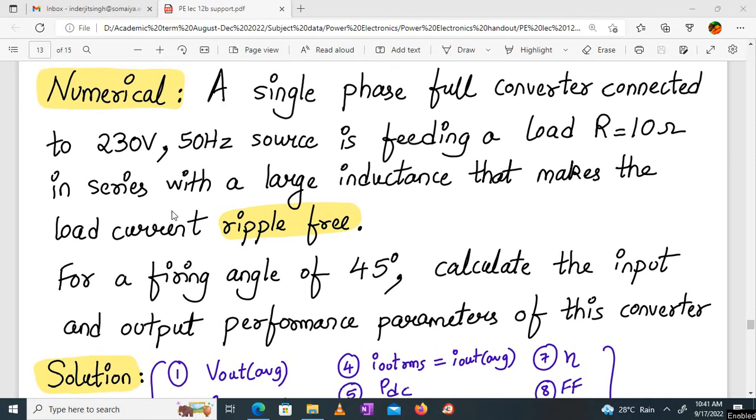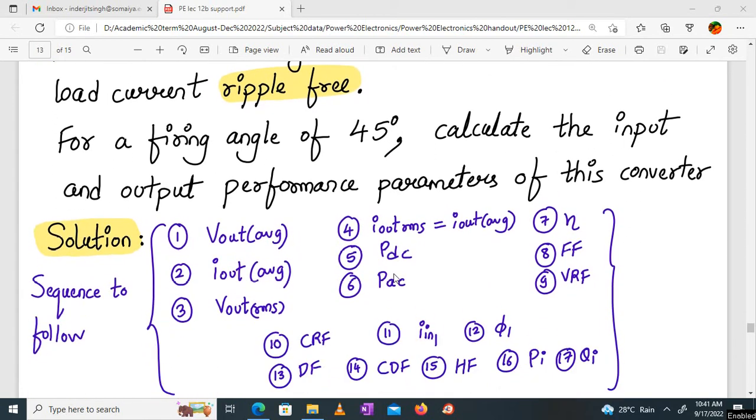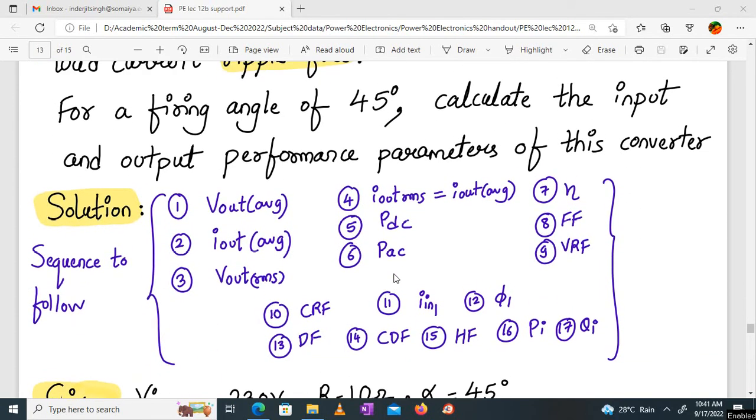So we have been given the value of V in RMS, which is 230, the load value R is 10 ohms, and the firing angle alpha is 45 degrees. Now this will be the sequence to follow.